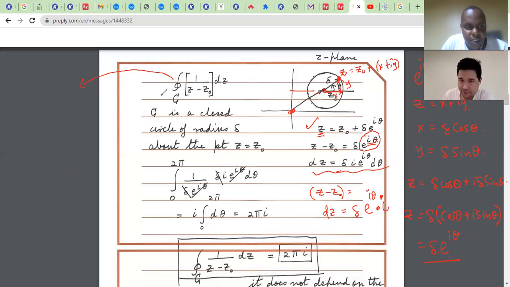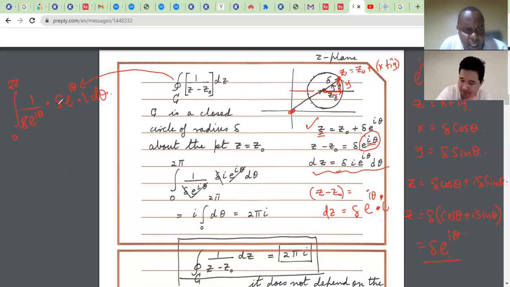So this contour integral has been transformed to the integral from 0 to 2π. 1 divided by z minus z naught is 1 over delta e^{iθ}, and then times dz, which is delta e^{iθ} multiplied by i dθ.